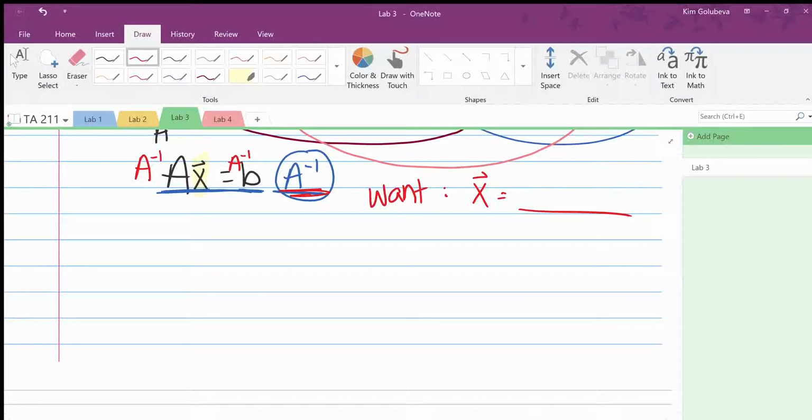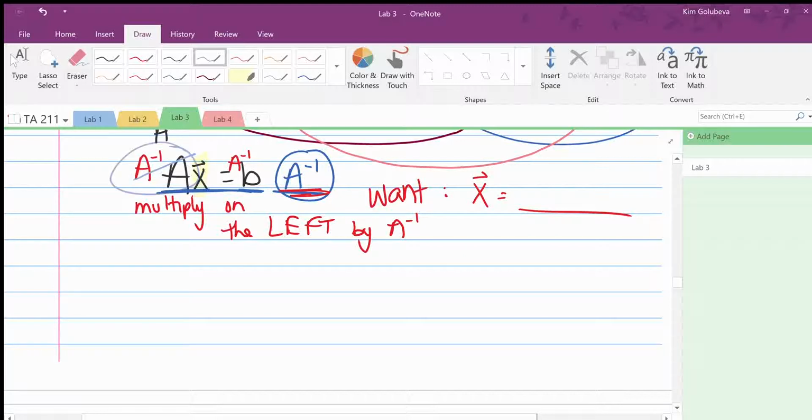So we're multiplying on the left by A inverse. What does that do for us? It essentially cancels that out, because A times A inverse becomes the identity.